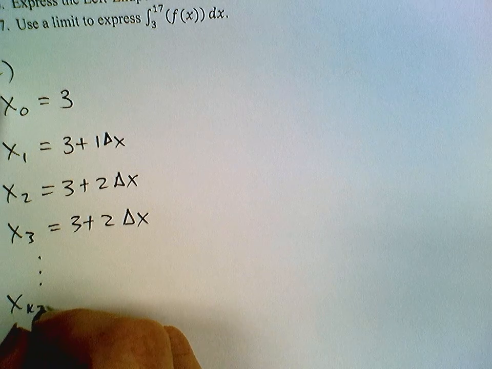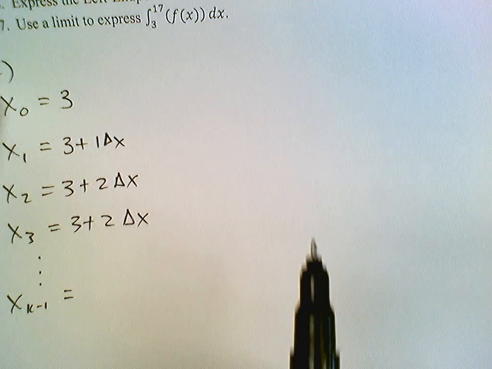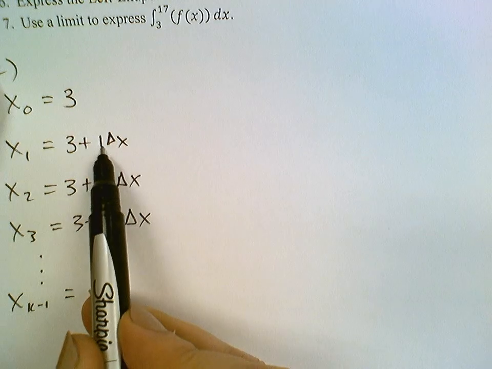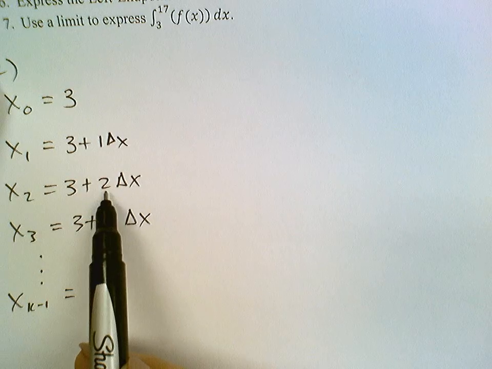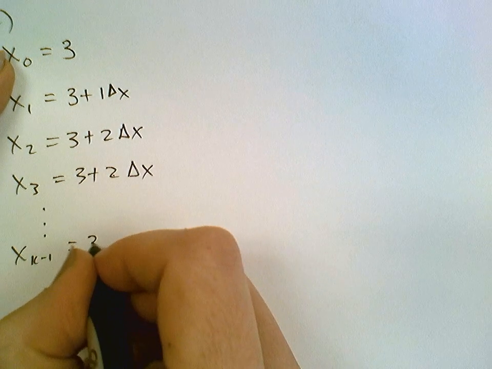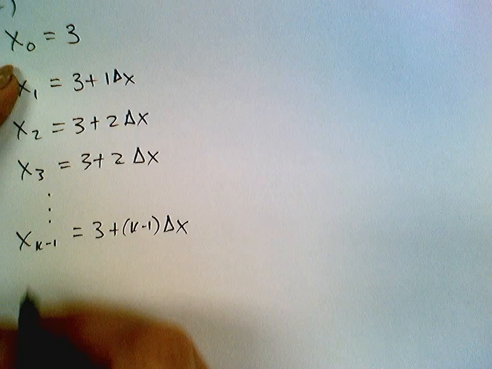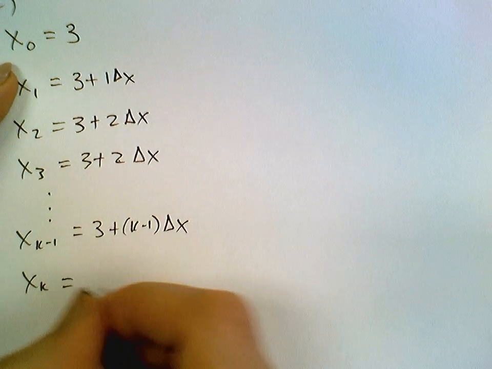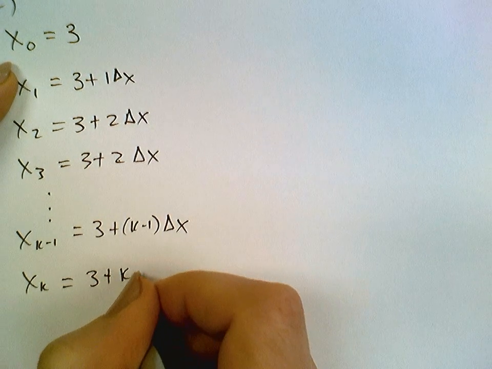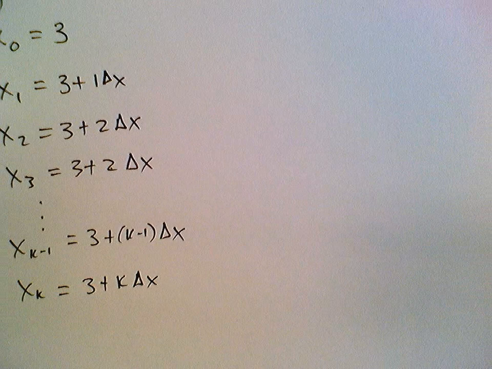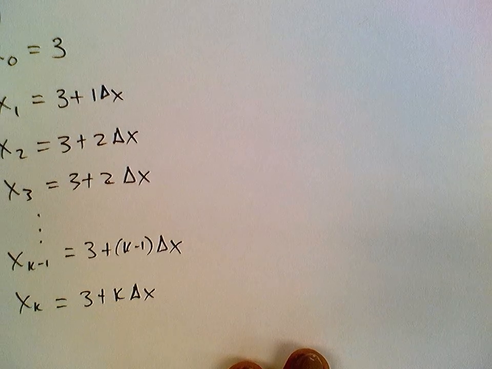If you follow the pattern, the subscript is always the multiple of delta x. And we'll go all the way up to x sub k. Okay, guys, we're doing it.